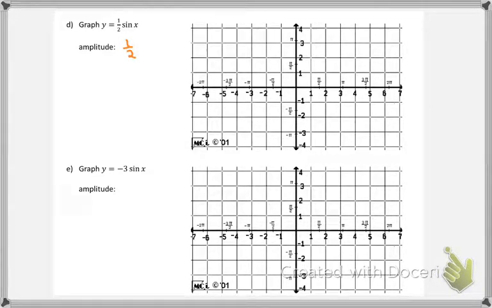It might be helpful to sketch out the parent function, and it's good practice too, so you're familiar with graphing the sine function. If I want to sketch out the parent function, I have the sine of 0 radians is 0, and then the sine of pi over 2 is 1.